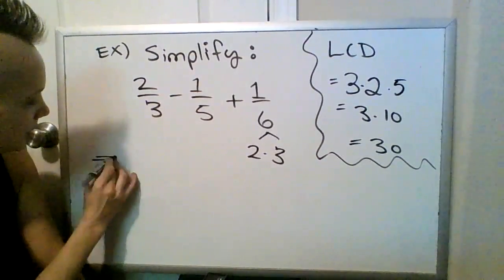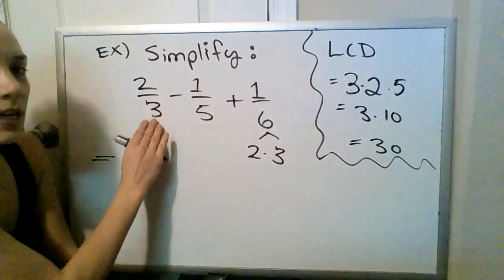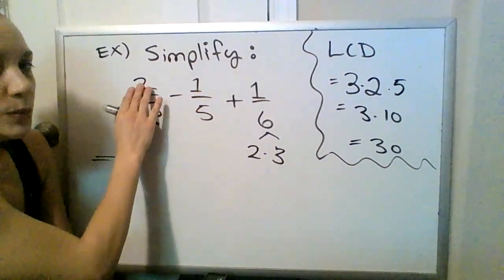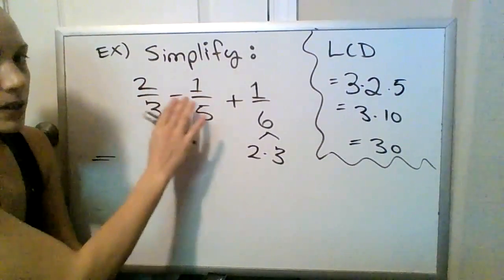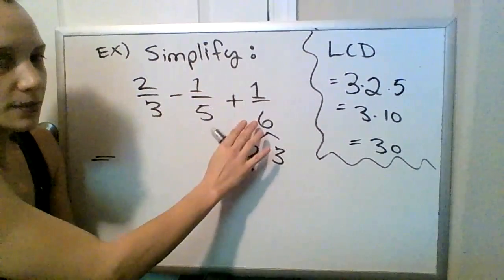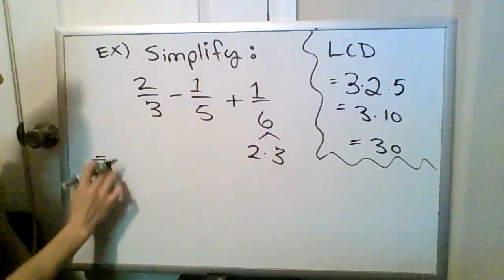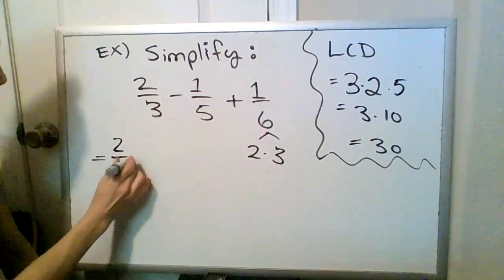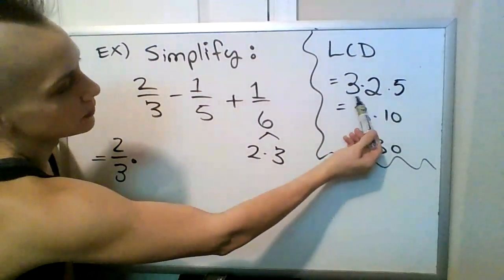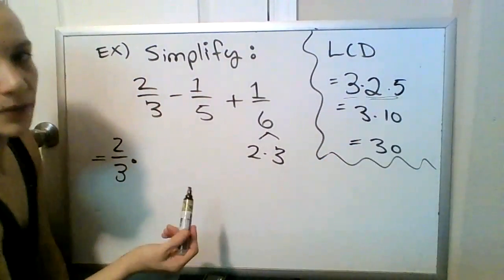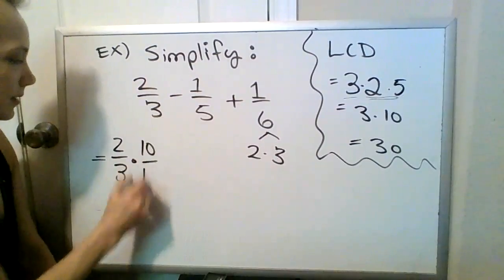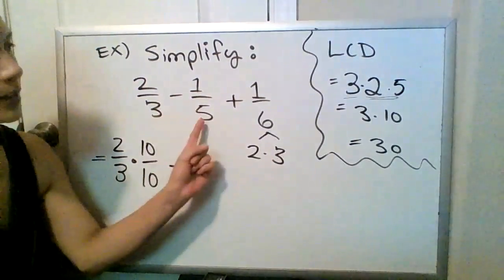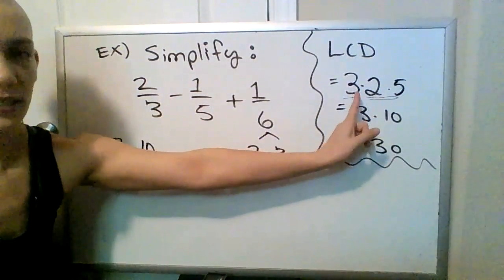So go over and multiply the numerator and denominator of each term by missing LCD factors. We've got 3, but we're missing 2 times 5. Here, there's that factor of 5, but you need to multiply by 6.